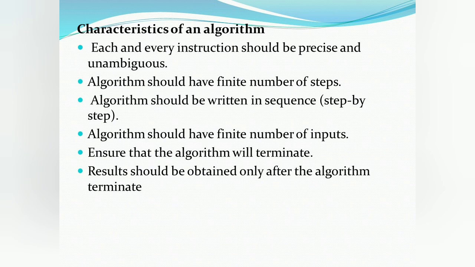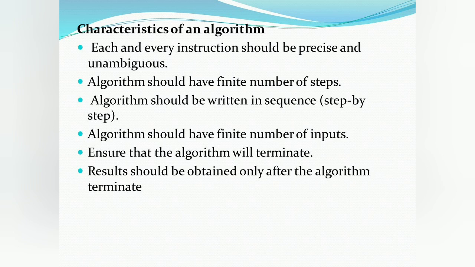Next, characteristics of an algorithm. In order for some instructions to be an algorithm, they must have some characteristics. The first characteristic is that each and every instruction should be precise and unambiguous. That is, it should be clear and unambiguous.